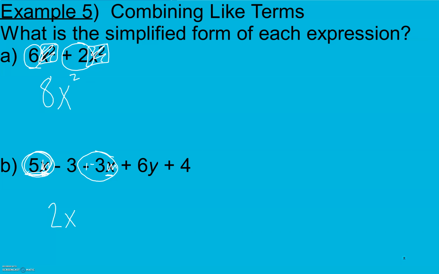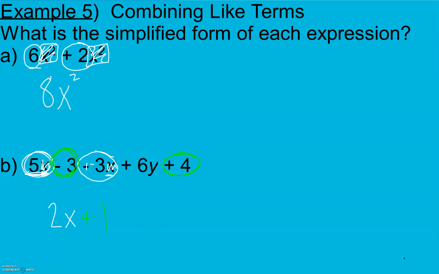Here I also have another set, my negative 3 and my 4. Both of those have no variables at all. They're both constant terms. Constants can be added together as well because they have the exact same variable in that they don't have one. So negative 3 plus 4 gives me a positive 1.